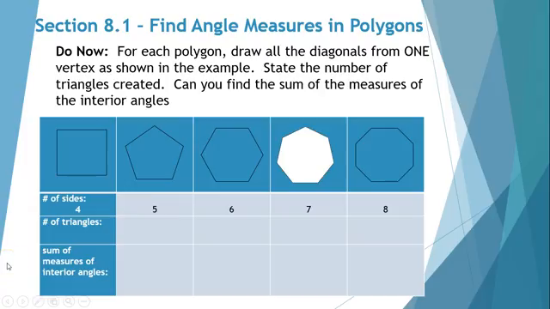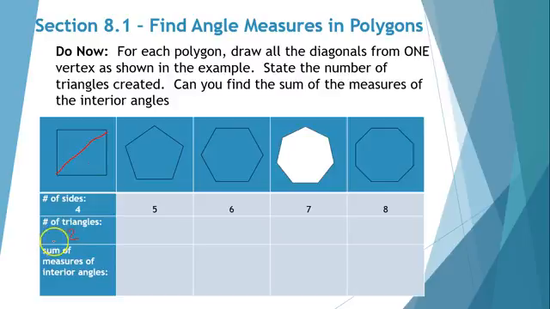So I'm just reminding you, this is the type of activity that we did in class where we drew diagonals in our polygons. And we would see that this diagonal right here separates my polygon into two separate triangles. So there are two triangles.